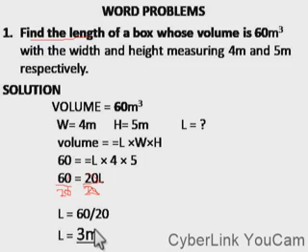Sometimes the question can be thrown in a reverse way. That is to say, they may ask you, find the volume of a box measuring 4 meter by 5 meter by 3 meters.